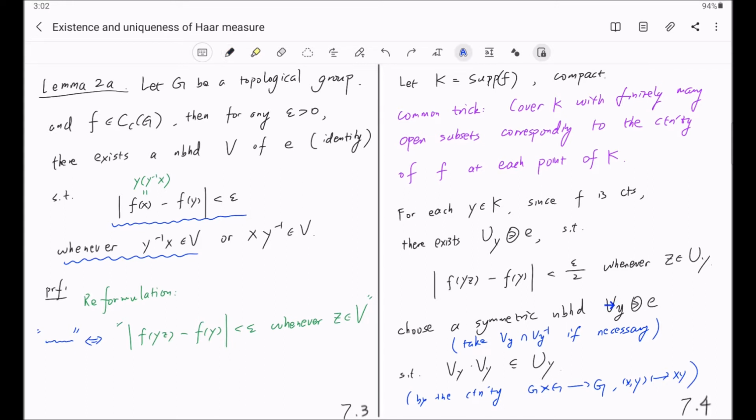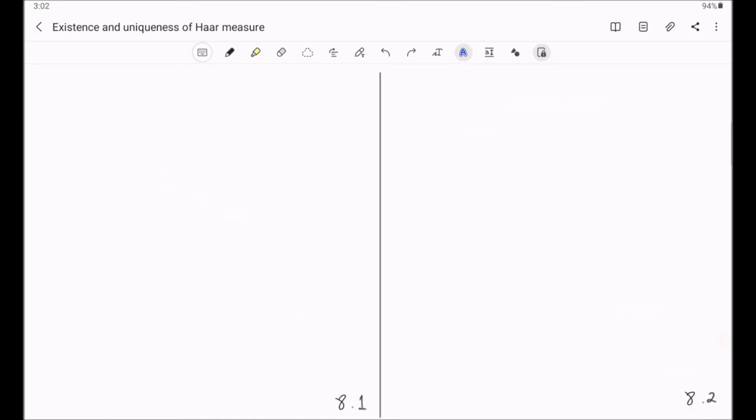Since each Vy is still an open neighborhood of e, we can form an open cover of the compact subset K. Then we still have K contained in the union of y times Vy, where y ranges in the compact subset K.